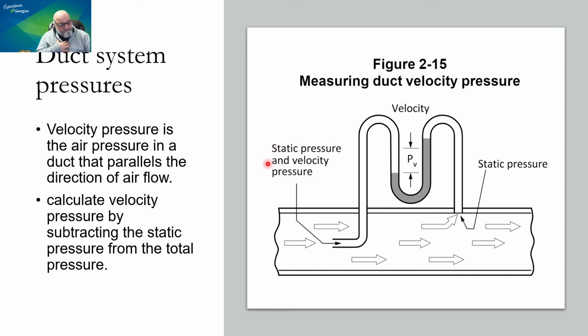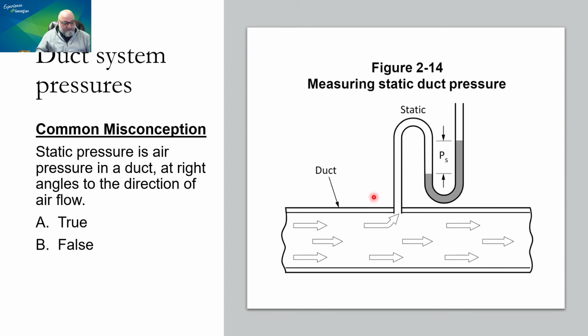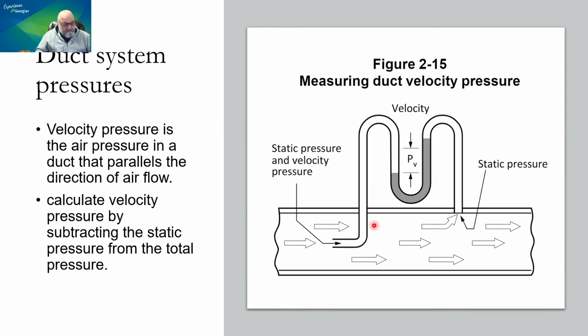Static pressure and velocity pressure are pressing here. Uh-oh. I thought static pressure presses only perpendicular. No, it doesn't. We measure static pressure perpendicular, but it also exerts parallel to the flow direction. Are you following me? This is very important.